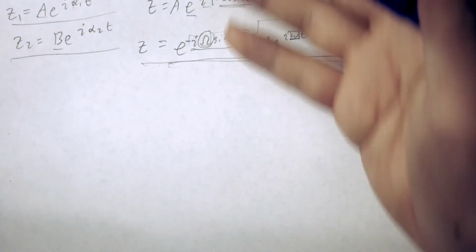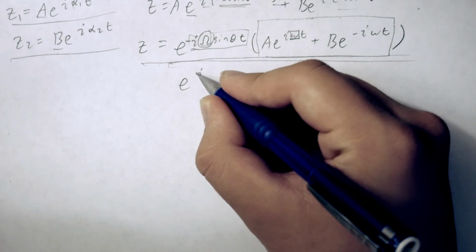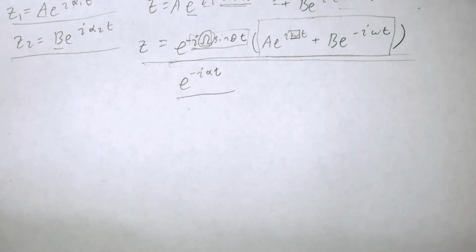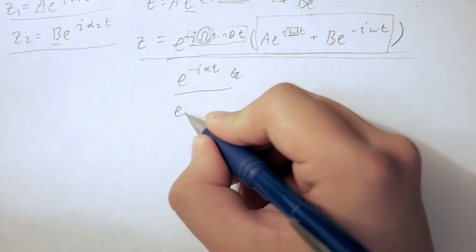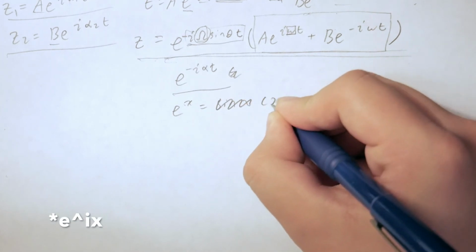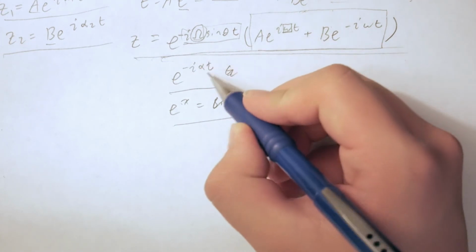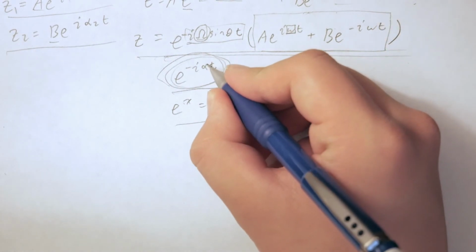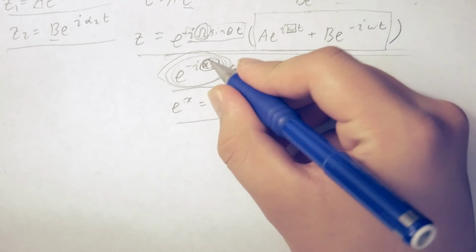And we know that e to the negative i alpha t describes a circular motion because of Euler's identity, which is... So because of this identity, we know that this term describes circular motion, and it goes all the way around in a circle when this term is equal to 2 pi.